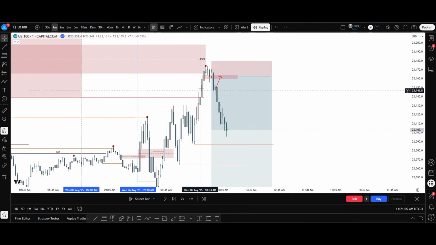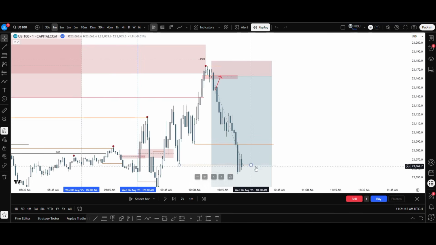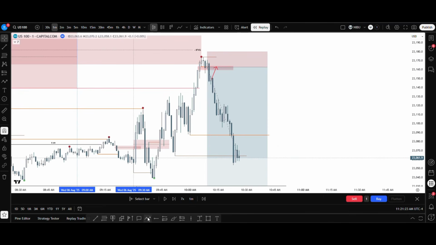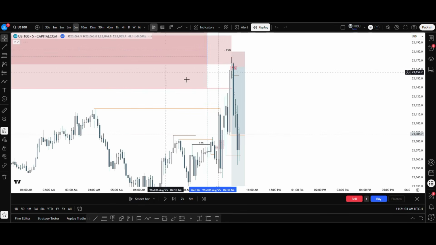You can see price didn't tag it, and first target, second target, and here I almost booked 80 to 90% of the position. And I just put my stop loss here. The reason is I got a 5-minute inversion here.